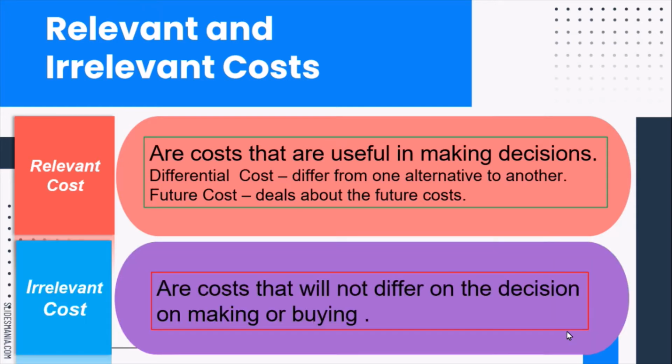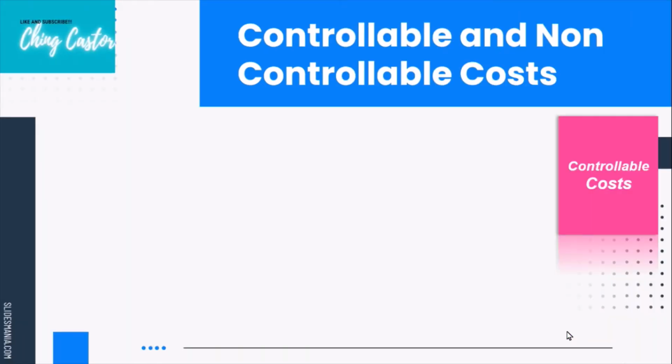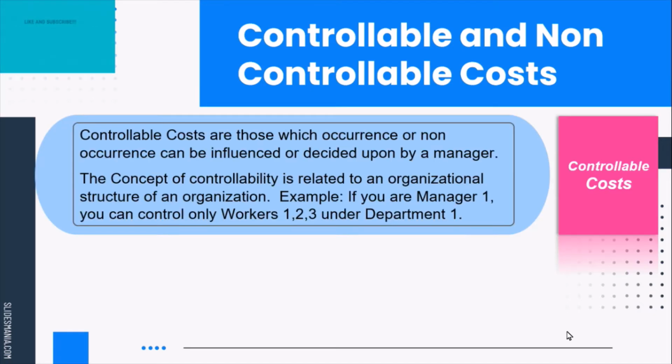Irrelevant cost are costs that will not differ on the decision on making or buying. So, controllable and non-controllable costs. So, we have controllable costs. Controllable costs are those which occurrence or non-occurrence can be influenced or decided upon by a manager. The concept of controllability is related to an organizational structure of an organization.